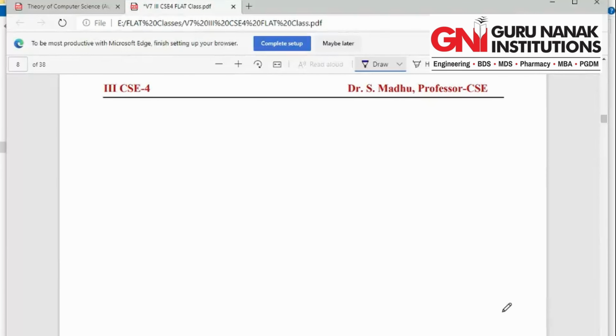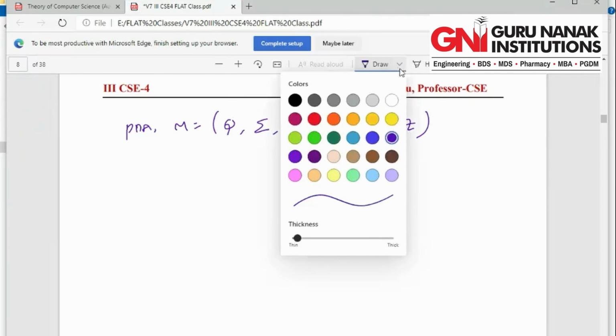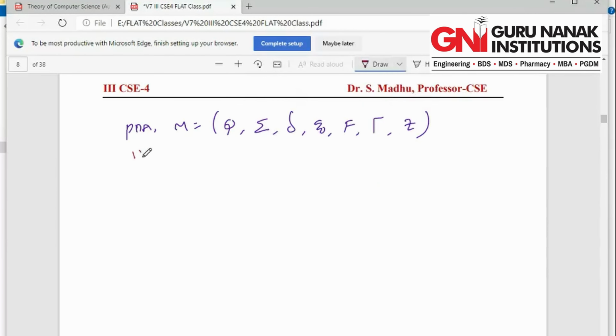Now here, after showing that, define that PDA machine with all the tuples. What are the tuples of a PDA? How many tuples does a PDA have? There are 7 tuples. What are they? Q, sigma, delta, Q naught, F, rho, and Z. So here you write: what is Q?